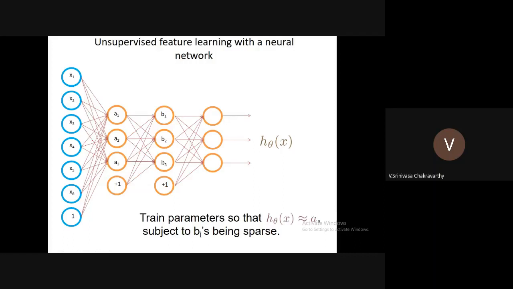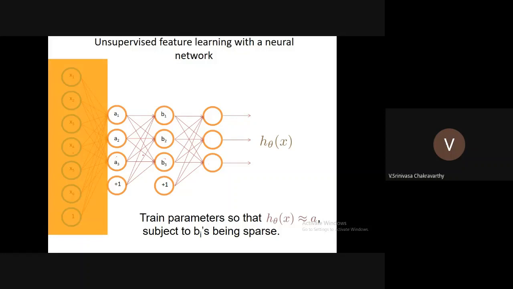Now what you do is you have the input layer, then the first hidden layer, then you add one more hidden layer, and then another output layer. So the input that you originally have is presented to this layer, and this layer's output becomes the input to this network.